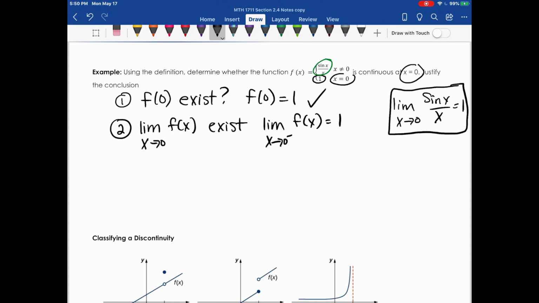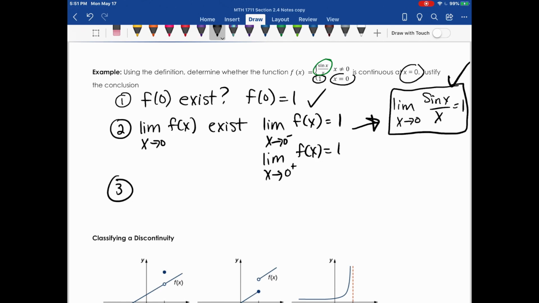So coming from the left, it's going to be 1. Coming from the right, since you're also looking at positive values, and that's not equal to 0, we're going to use sine of x over x again. Coming from the right, we know that f of x is equal to 1. So the two-sided limit exists. So that second property passes.